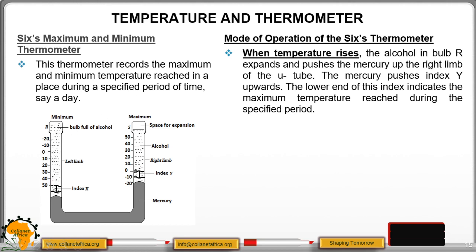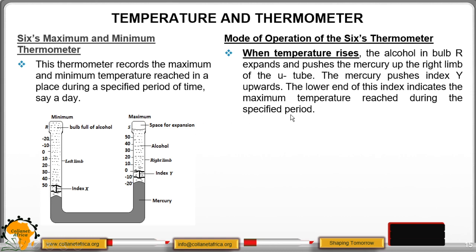As it expands, it pushes mercury up the right limb, this part. This mercury will push the index Y, and this index Y will be pushed upward. As you can see, as it moves upward, it is moving towards the maximum values of temperature.